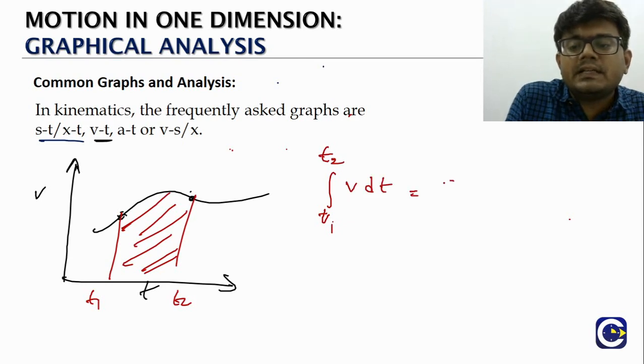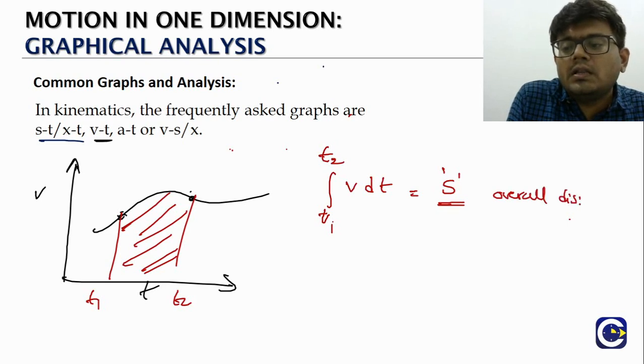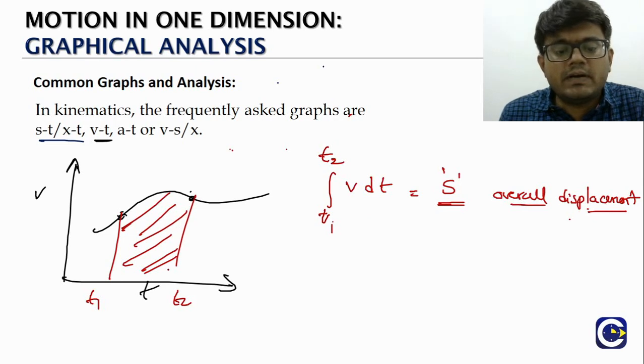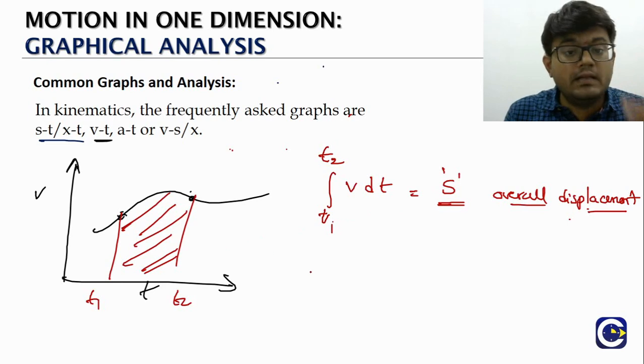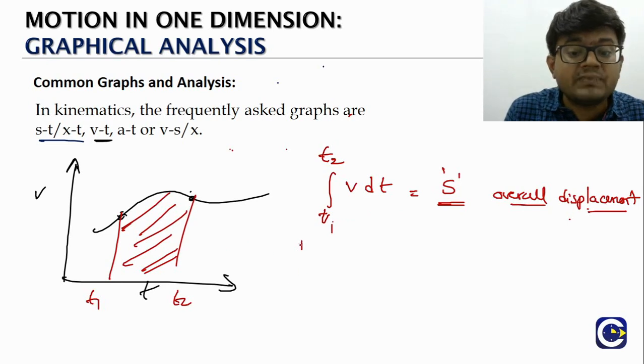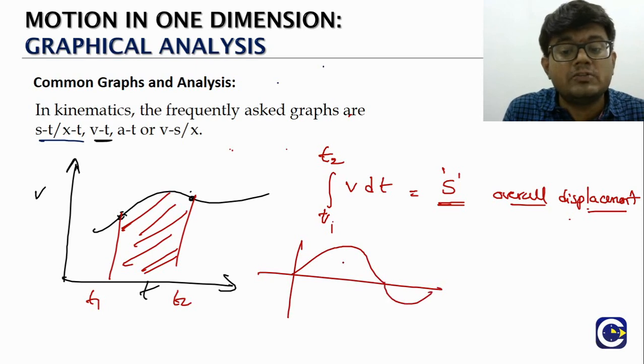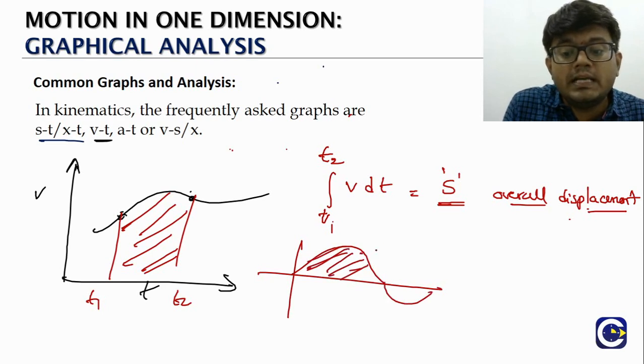This is nothing but the overall displacement, or the overall change in position, correct? So whenever we take the area between the velocity-time curve and the x-axis, that gives us the overall displacement. Like I said in the analysis of the area, if for some part the curve is above and for some part the curve is below, then the displacement, let us call it S1, will be what?